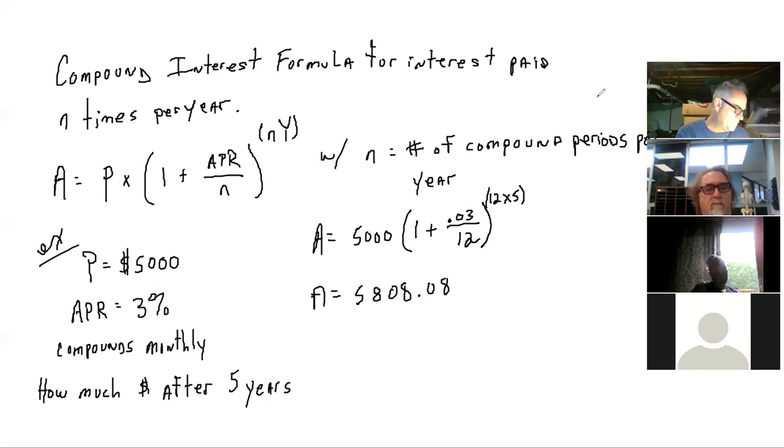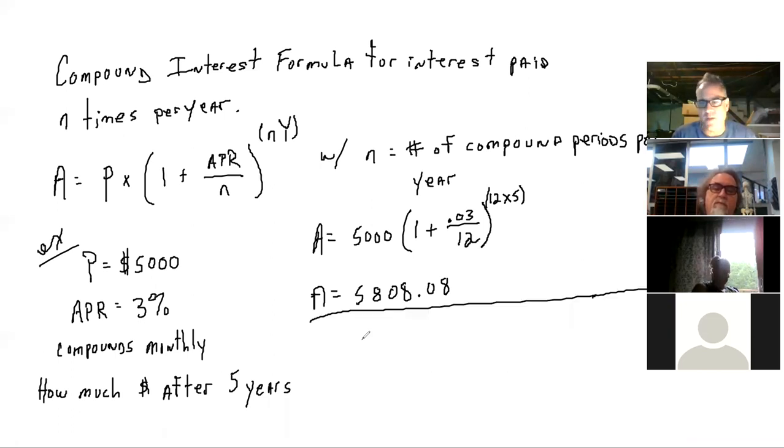Okay. Now, just to differentiate, let's say we do the same problem, but we only compound it annually, once a year. Same problem, but only compounded once a year. So still over 5 years, still your same APR, same principal.